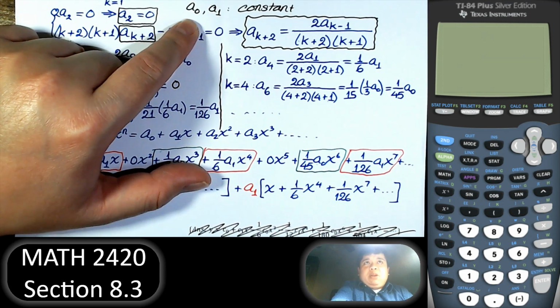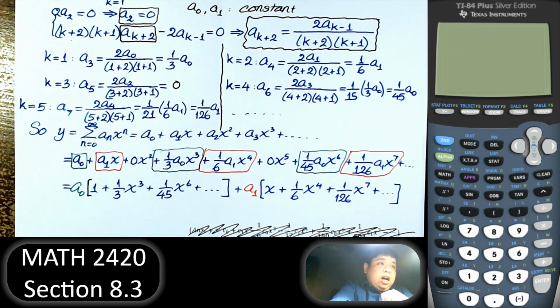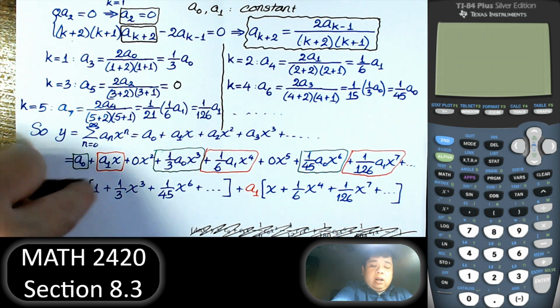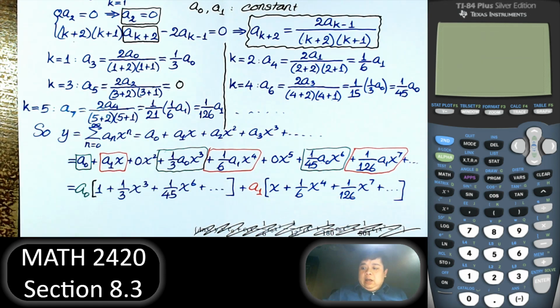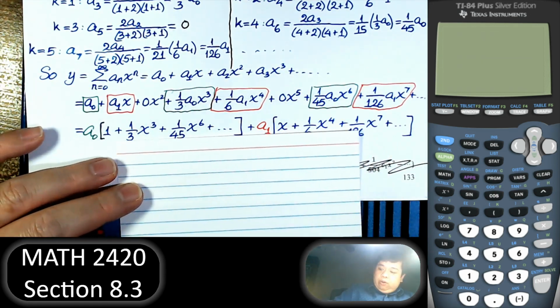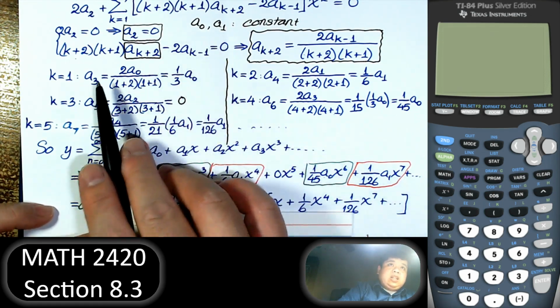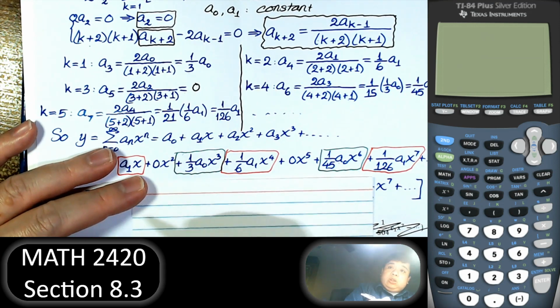Where I cannot really type the coefficients a0 and a1. Calculator doesn't work like that. So I assume the simplest case is let a0 to be 1 and let a1 to be 1. So in this case, if we look at the calculator, the sequence now, the coefficient, a0 is a constant, a1 is a constant, a2 is 0. So we start the sequence as follows.